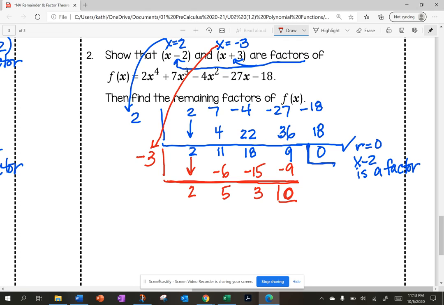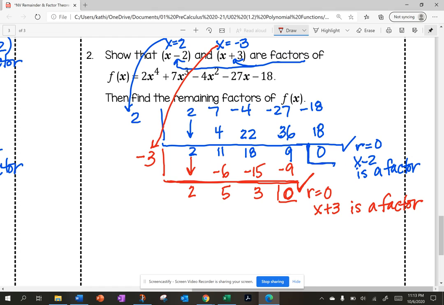Again, my remainder equals 0, so my x plus 3 is a factor. Okay. And then it's asking us to factor completely and find the remaining factors.